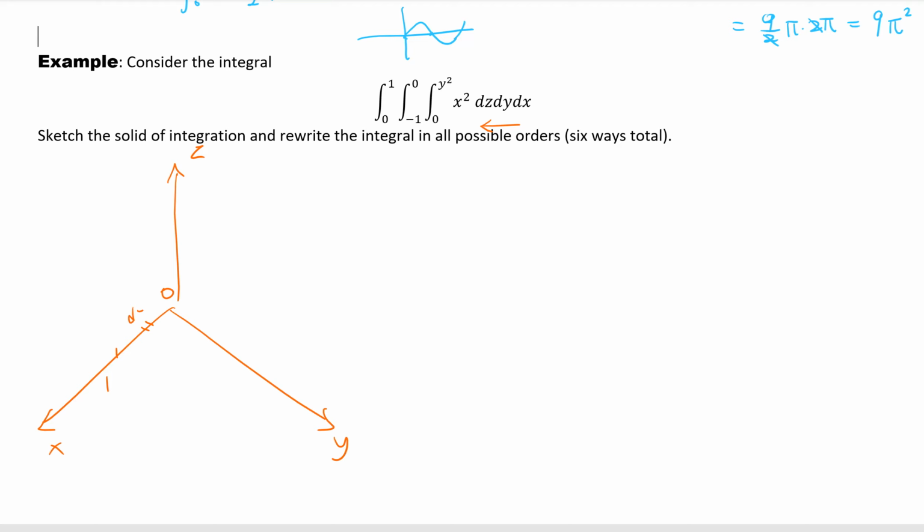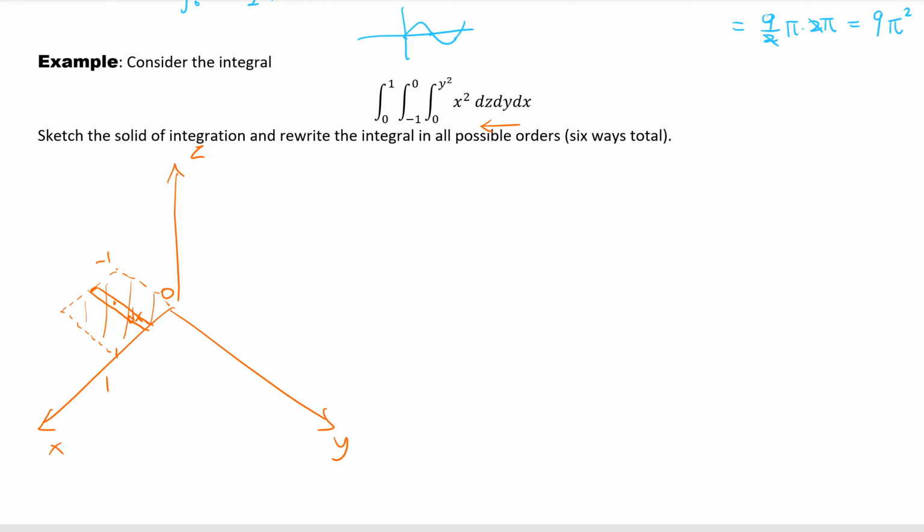And then next we have dy, so we draw a rectangle on the xy plane, and y is from minus 1 to 0. So this is a little rectangle, and this is the base region.